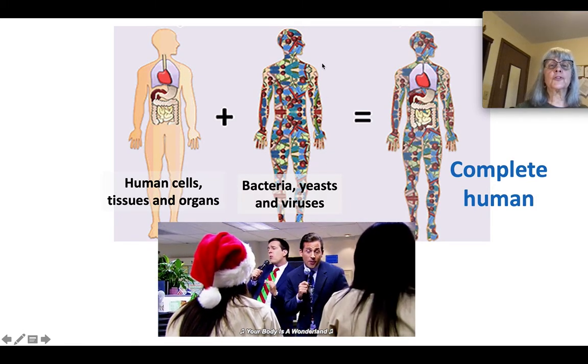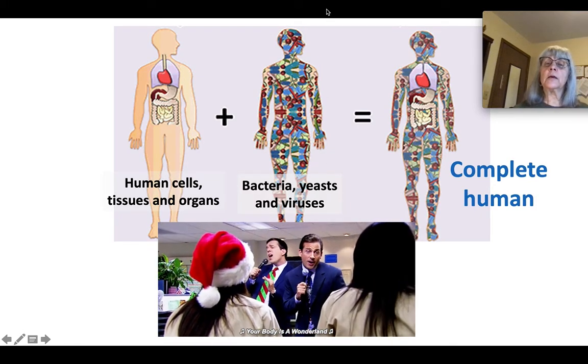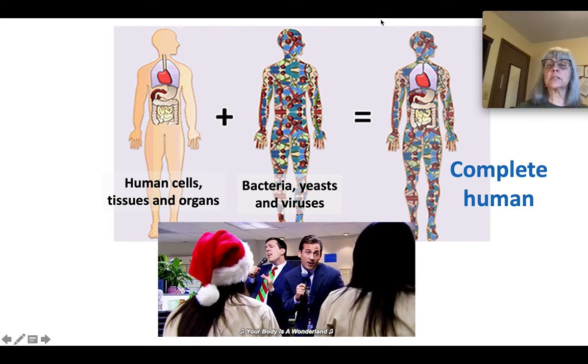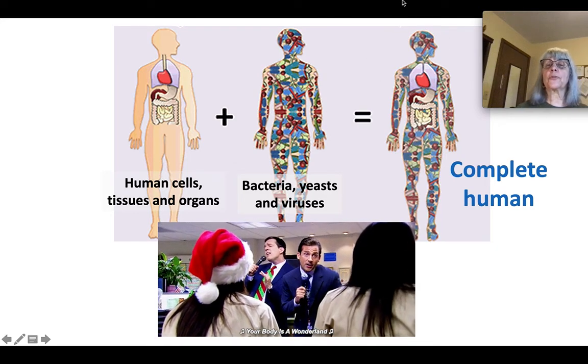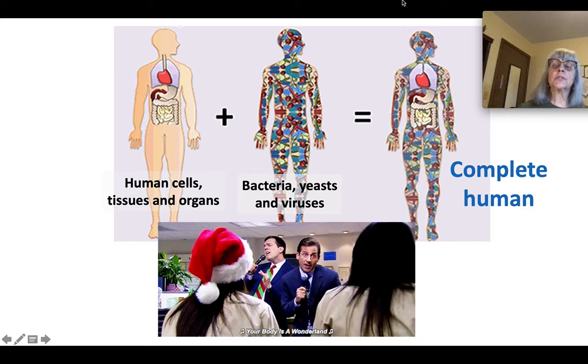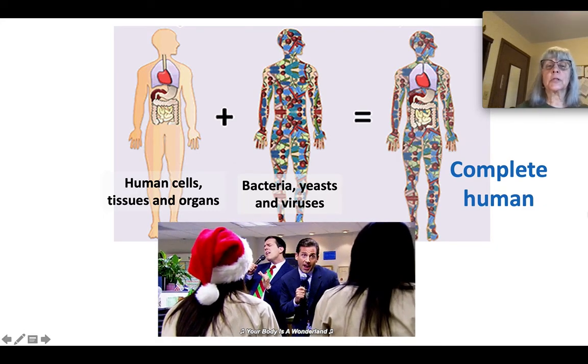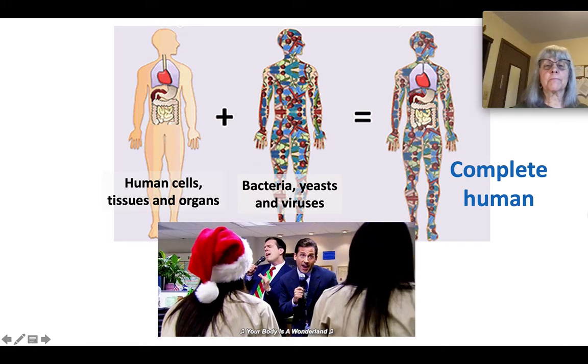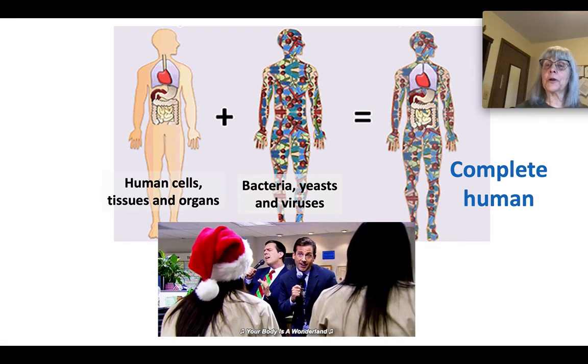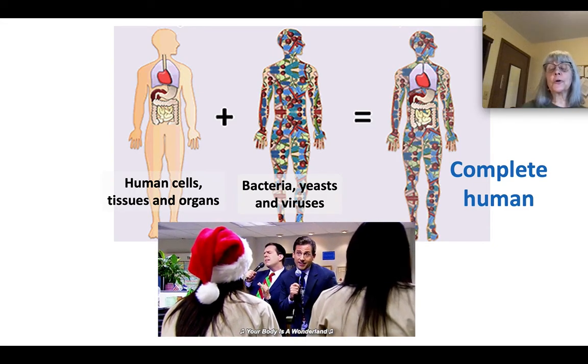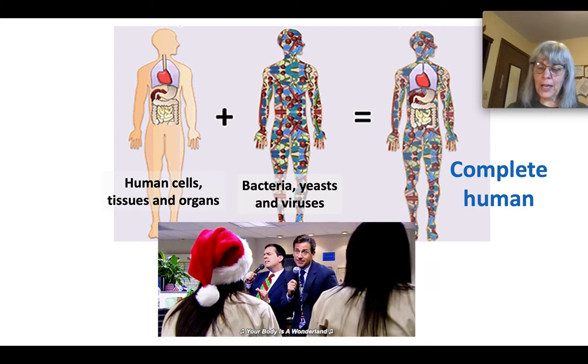And their genes outnumber us. So finally, we are a composite of both, our cells, tissues and organs, and the microbes that dwell within us and on us. That makes up our complete, total humanness. Okay?